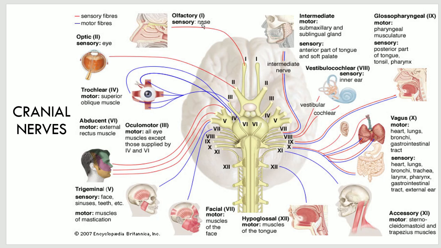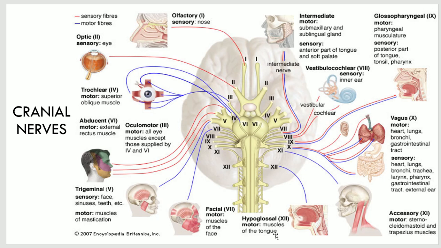So Roman numeral 1, 2, 3, 4, 5, 6, 7, 8, 9, 10, 11, 12, because this is how these cranial nerves are presented. You will have to know this. You will have to know the Roman numerals.